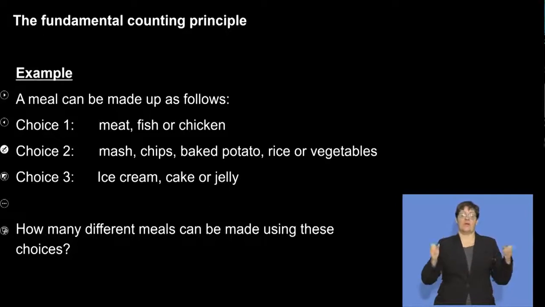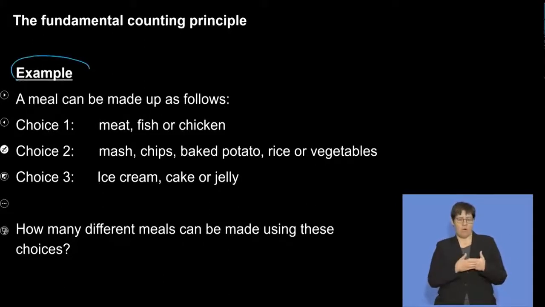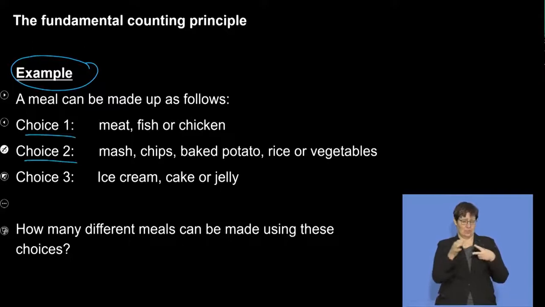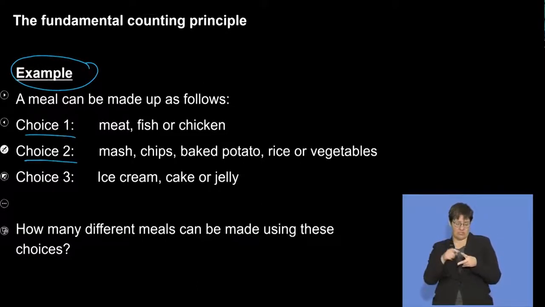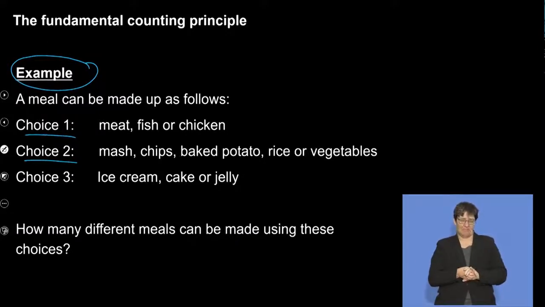Okay, now let's look at another example, but this example differs slightly from the previous one, because in the previous example, we only had 2 choices. We could choose some meat or something, with a starch. But in this example, we have 3 choices, which we have to choose: meat, fish, chicken.